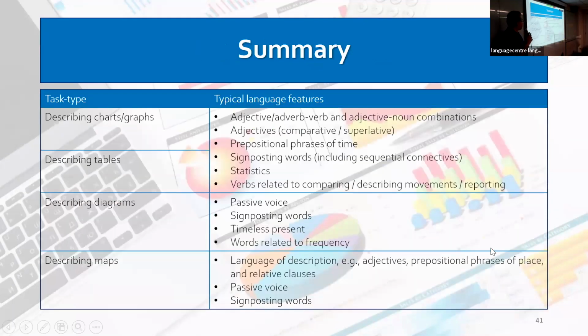I've prepared a table just to sum up what language features, I mean grammar and vocabulary, that we can use when we are tackling different types of descriptions, ranging from the description of charts, graphs, the description of tables to the descriptions of diagrams and maps.